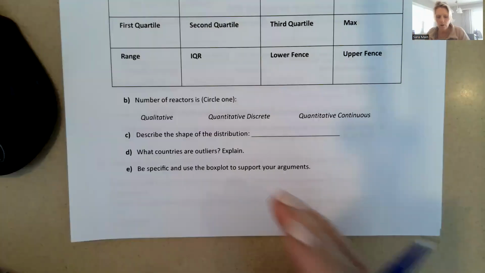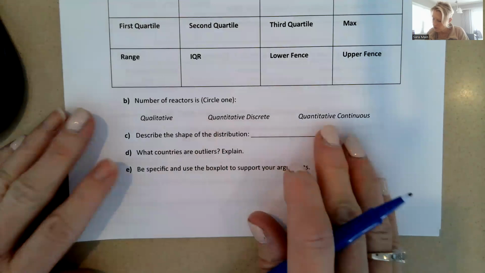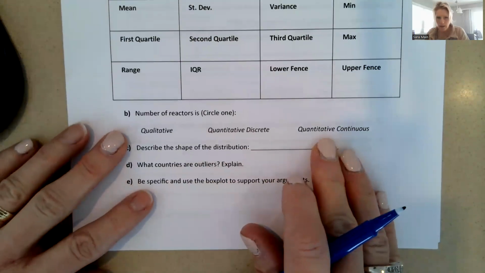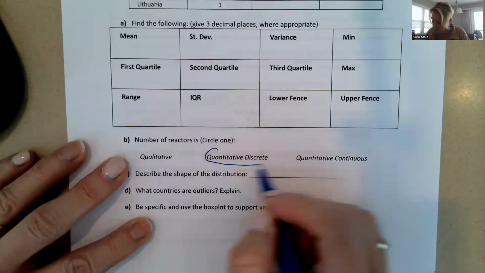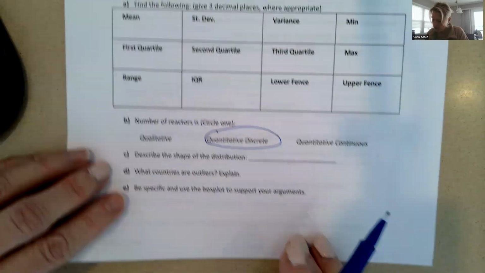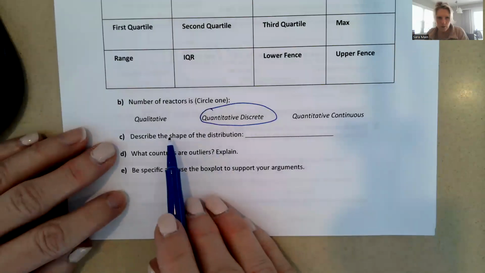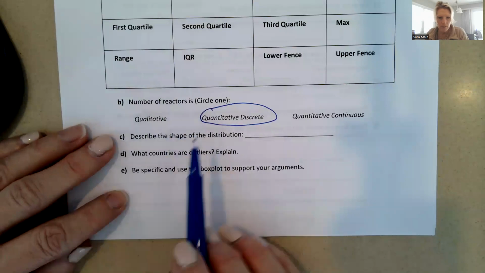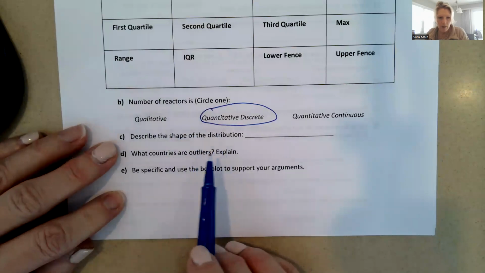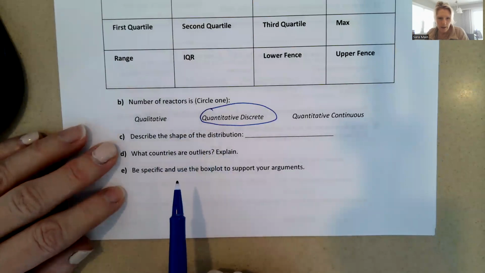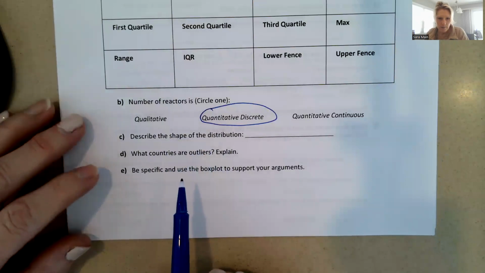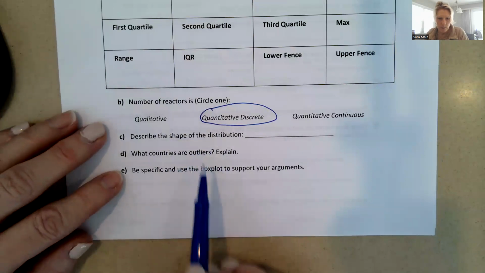We also want to know, is this qualitative, quantitative, discrete, or quantitative continuous? And it's quantitative discrete because you can't have part of a reactor. We're going to decide on the shape, we need to know the mean and median, and then that will help us decide what outliers we might have, and then we'll use the box plot to support our arguments.